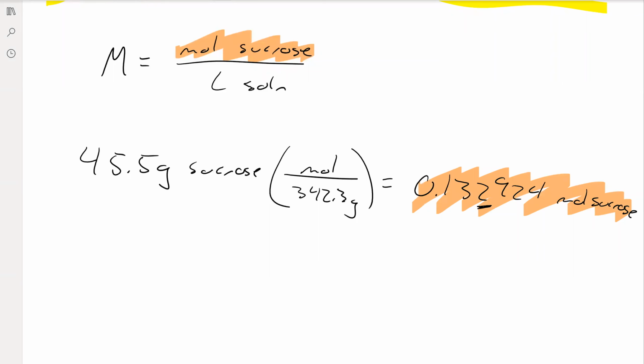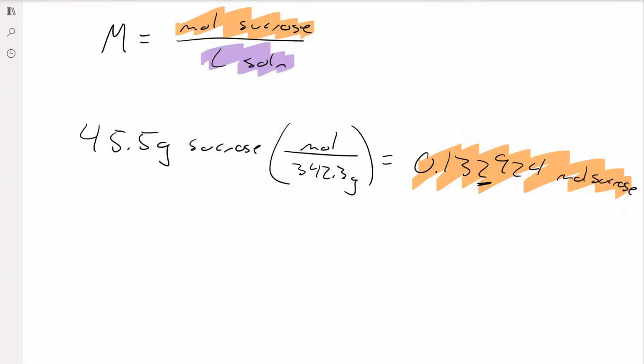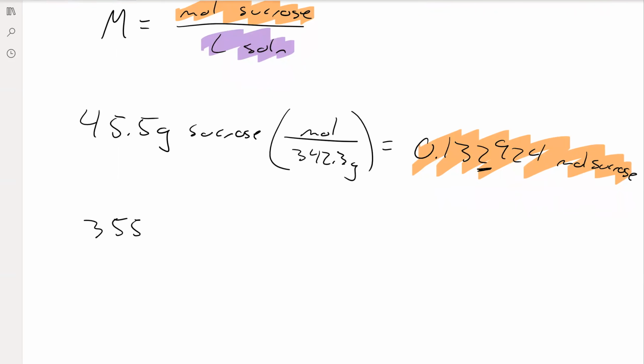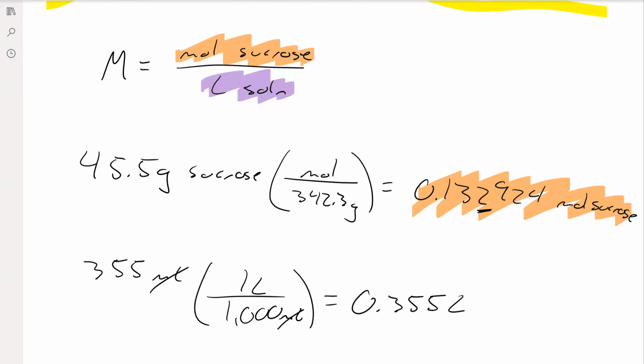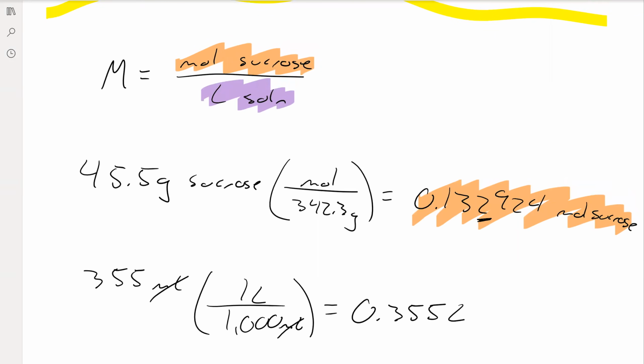And then since we're doing a plug and chug type of problem, we want to then figure out what the bottom is. Well, the bottom is going to come from that volume. So we'll take 355 milliliters and then 1,000 milliliters over 1 liter. Milliliters and milliliters cancel out, 0.355 liters, right? And then you simply take that and plug it into your plug and chug problem.